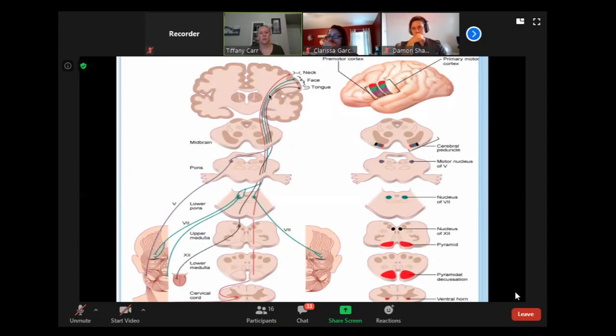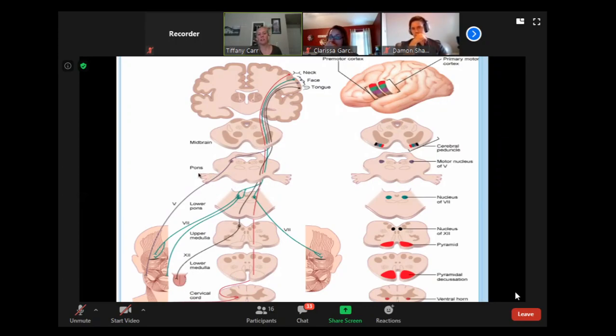So I'll say that again: with an upper motor neuron lesion, it's going to come down and the tongue is going to deviate toward the lesion, because the opposite side is still being innervated by the opposite side of the motor cortex. So it's going to pull it towards the strong side. Does that make sense? Those muscles on the left side of the tongue here are still operating, so it's going to pull in that direction.